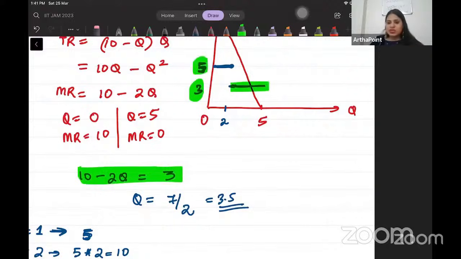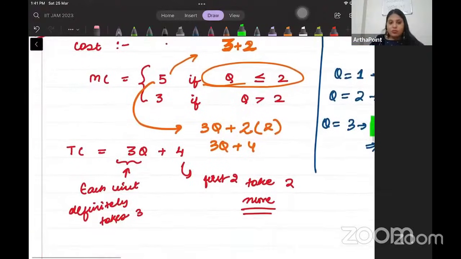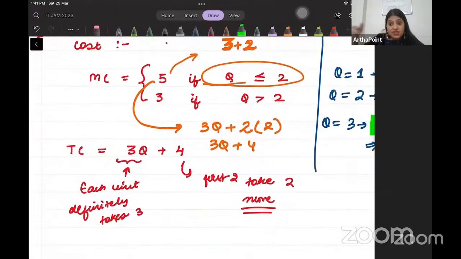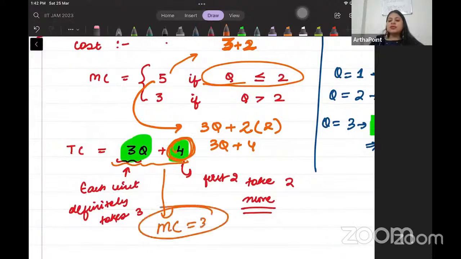But here is the interesting part. The total cost that I formulated from the second unit onwards is 3 per unit. But for the first 2 units, I have incurred an additional 4. So even if I find the marginal cost of this, I have accounted for the fact that the first 2 units are expensive by doing this, and my marginal cost still comes out as 3.